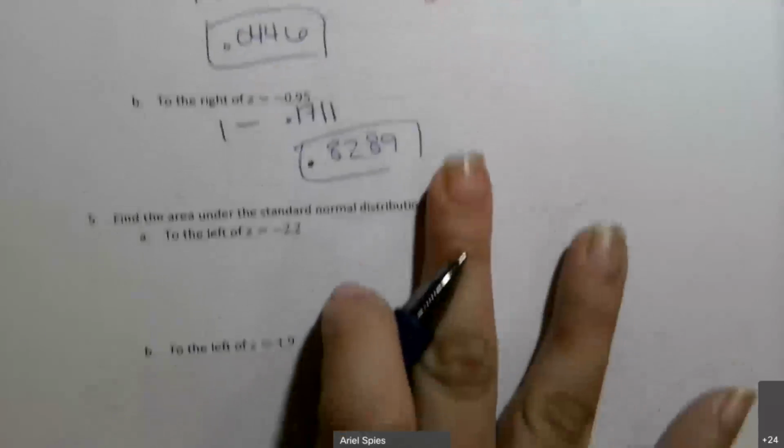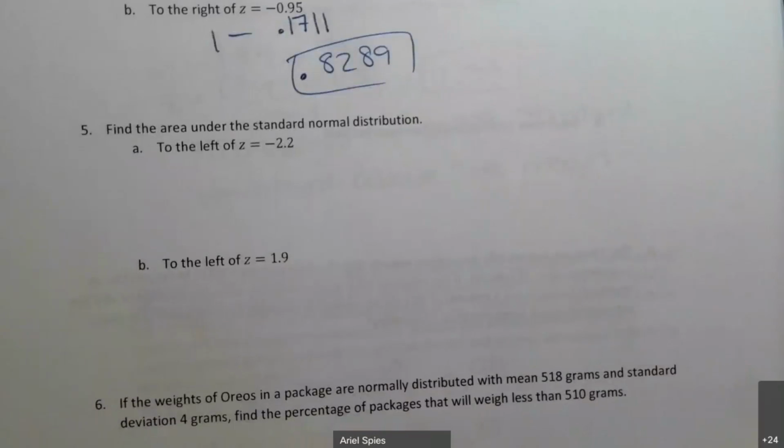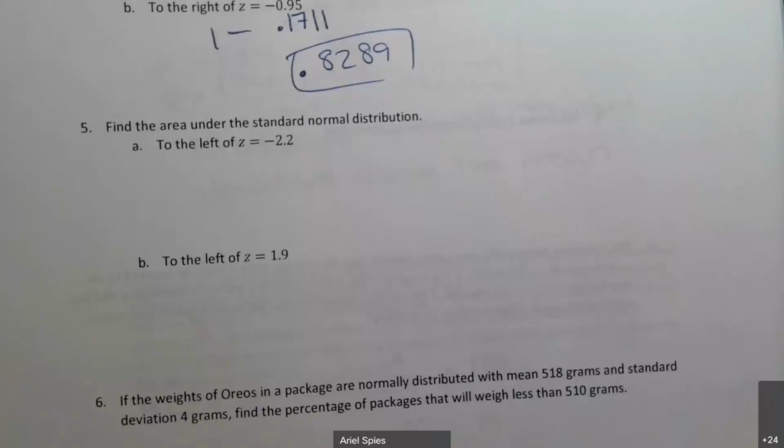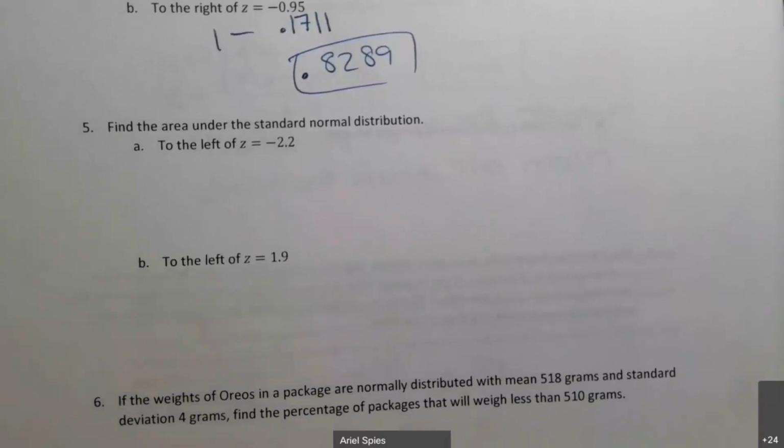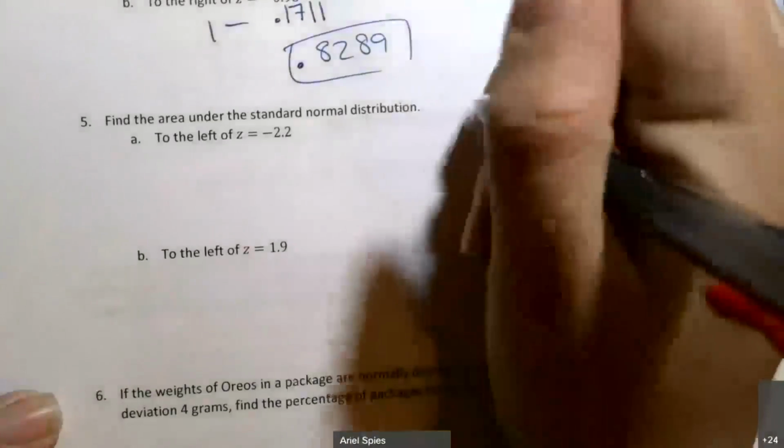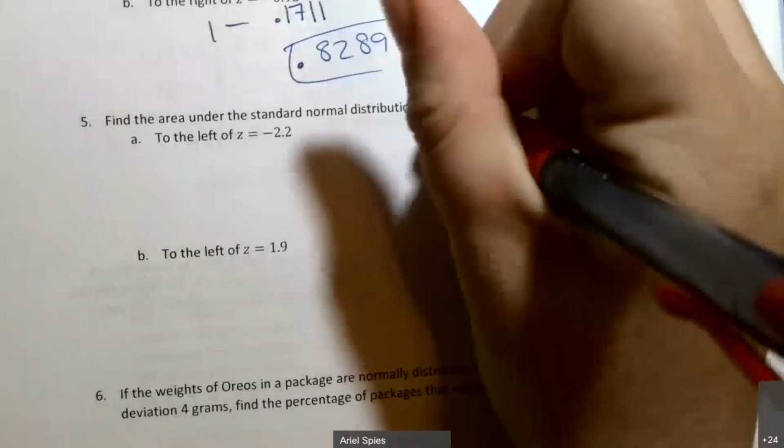Okay. So number 5 wants me to find the area, and this one is to the left. So if I'm caring about just the area on the left, that's already what the chart gives me.